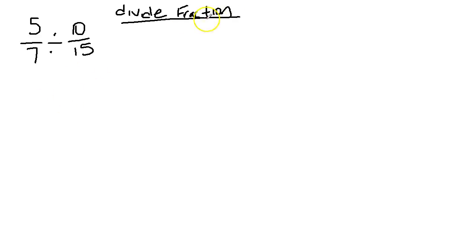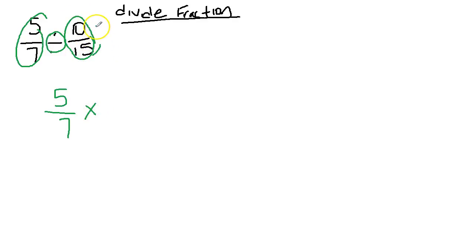So what's going to happen is we're going to change this to another color. We're going to say we keep the 5 over 7, remember. You keep the 5 over 7. This here becomes multiplication. And this here flips. So the 15 is the numerator and the 10 is the denominator. Okay? Slow enough?